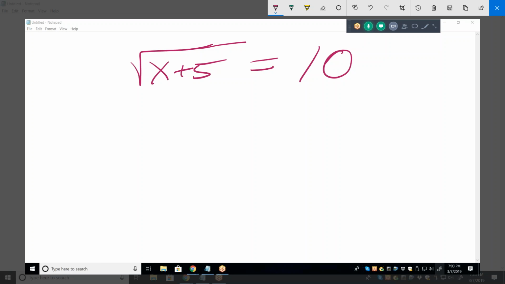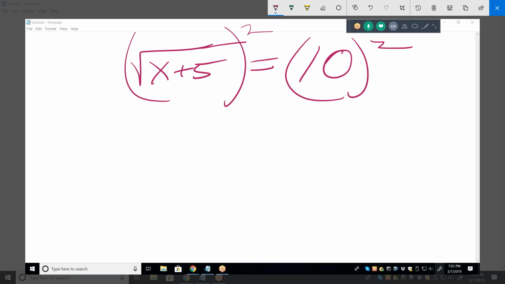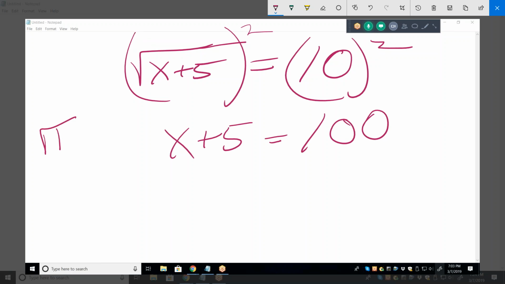You square both sides. In other words, this is the square root of x plus 5. If I square something that's the square root, I've got to do it to both sides. Well, the left side turns into x plus 5, always. In other words, the square root of b squared is always equal to b.